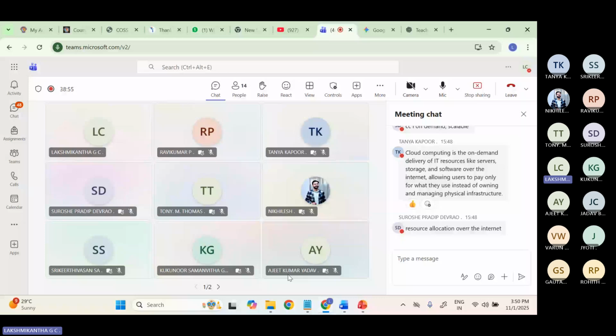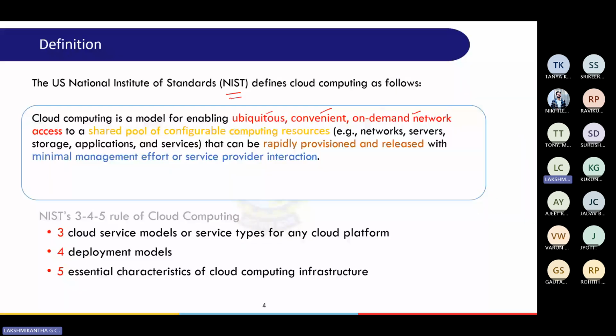And what about the second one? Second, I'm breaking this into one more point: shared pool of configurable computing resources. Guys, actually the provider, who is the provider? AWS is the provider, Azure is the provider, and you can say GCP also.